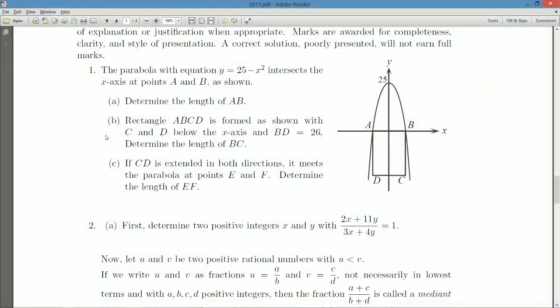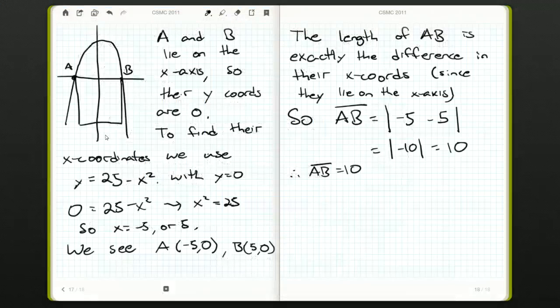Okay, so A, B, C, D. D over here, C over here. And we have this distance is 10. We know this distance is 20, and let's call this distance x.